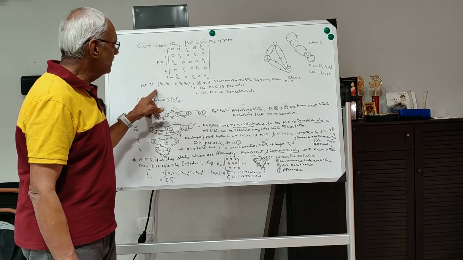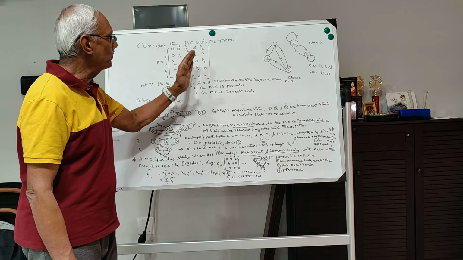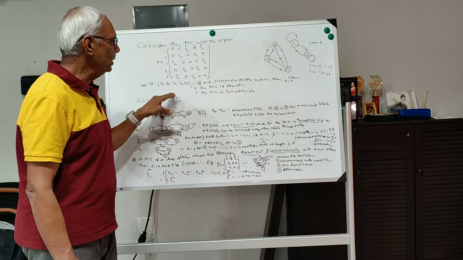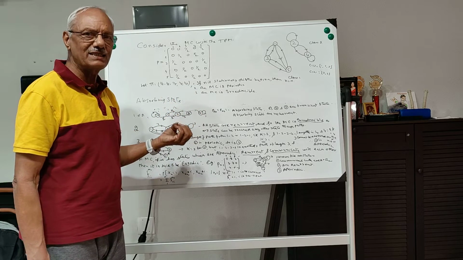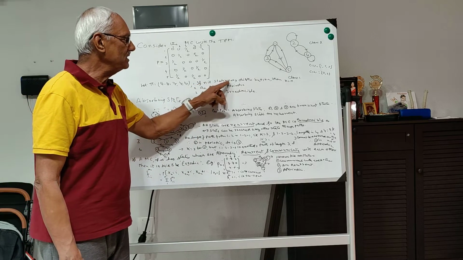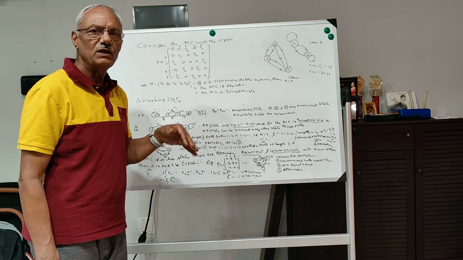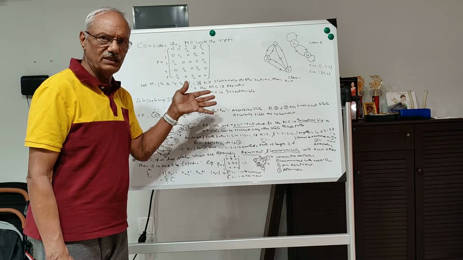Here the initial probability is given as pi equal to 1/5, 1/5, 1/5. There is equal probability for 1, 2, 3. We are asked whether any stationary distribution exists, that is, pi P equal to pi, whether a steady state exists.